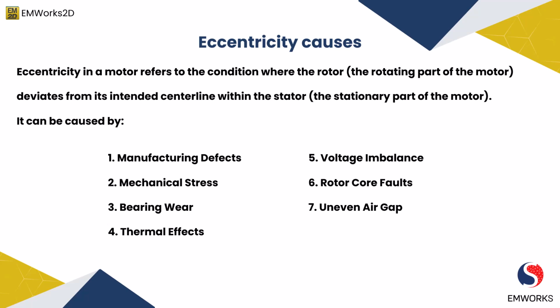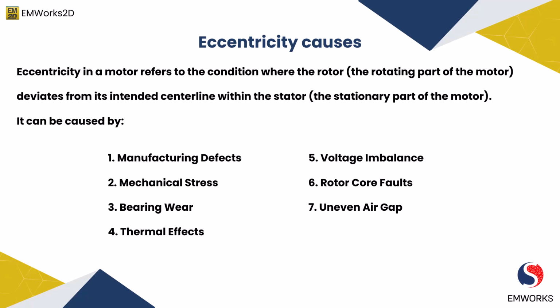Sixth, we could have rotor core faults. Damage or deformation in the rotor core, such as shorted laminations or broken rotor bars, can induce eccentricity. These faults disrupt the magnetic field and cause the rotor to deviate from its center line.